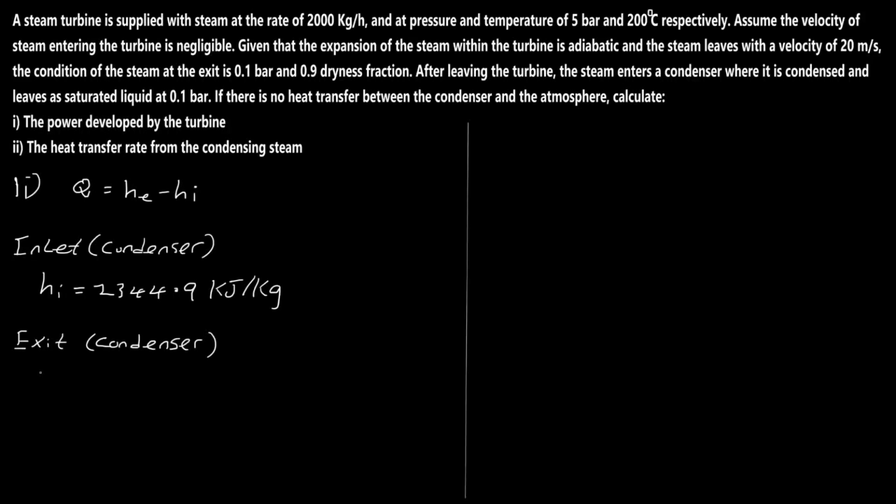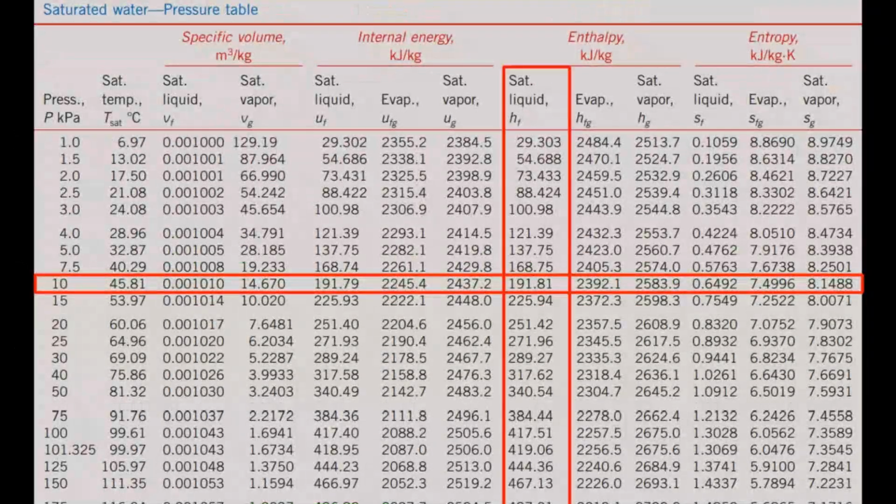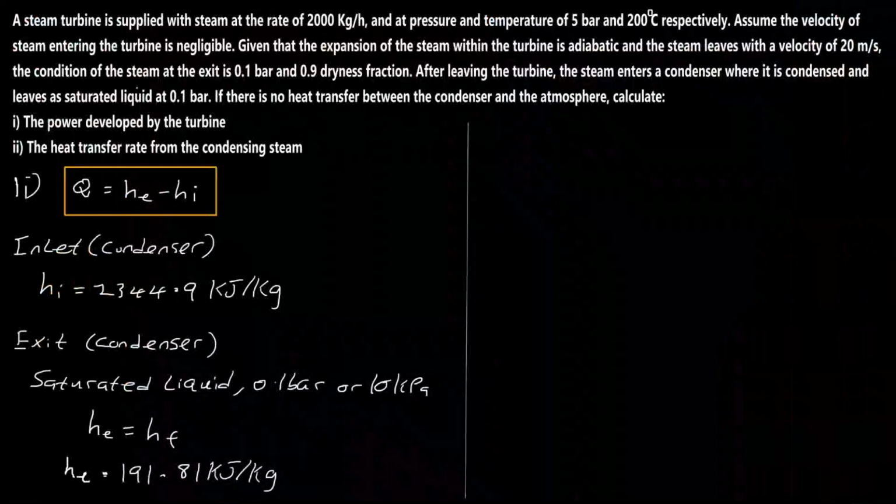Now for the exit conditions. At the exit, our working fluid is a saturated liquid at 0.1 bar or 10 kilopascals. So the exit enthalpy will be hf at this pressure. And from our steam tables, we obtain hf to be 191.81 kilojoules per kg.